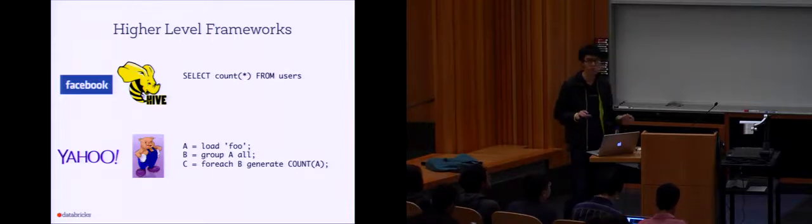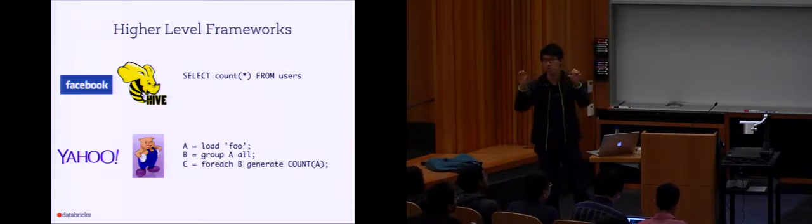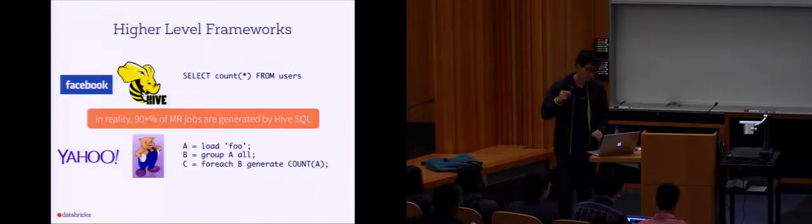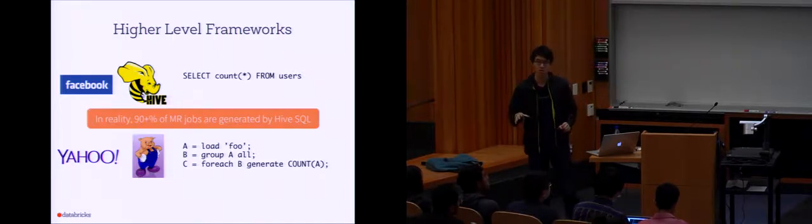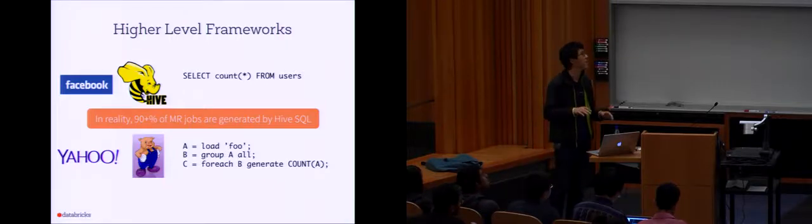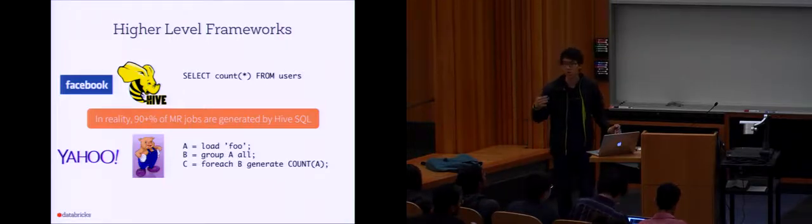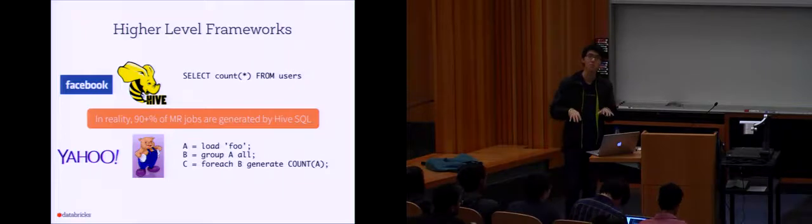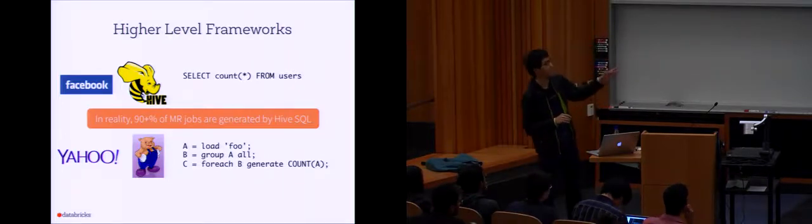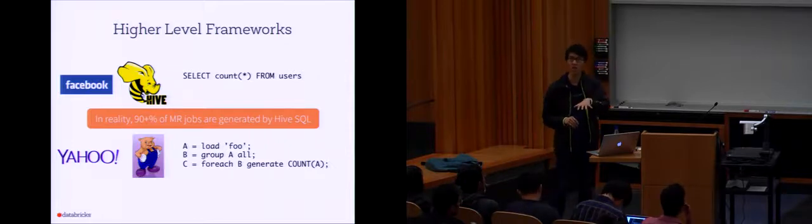These tools essentially became the foundational high-level frameworks on top of MapReduce. They were so successful that nowadays, if you look at all the Hadoop clusters, over 90% of the MapReduce jobs are not generated by writing MapReduce, but by Hive. Pig back then was also very high, but there's a steady decline of Pig, and Hive is basically taking over.